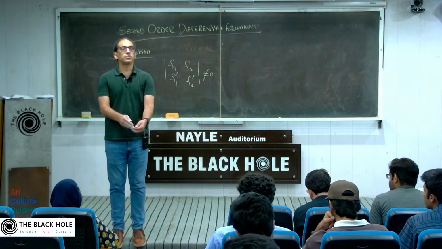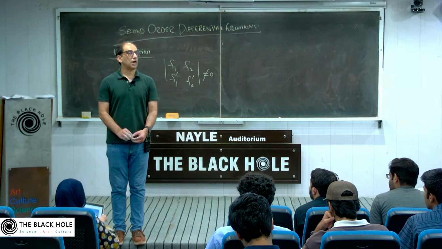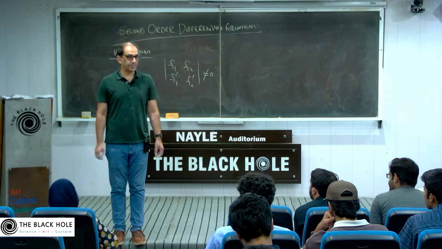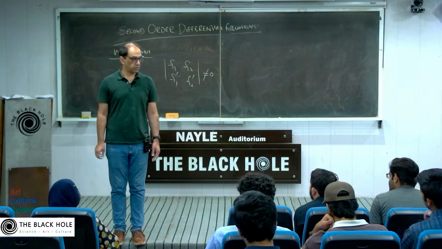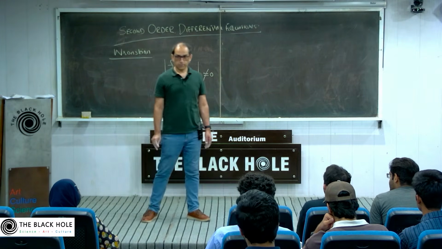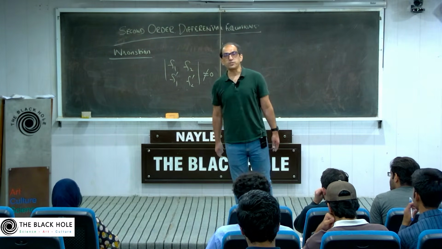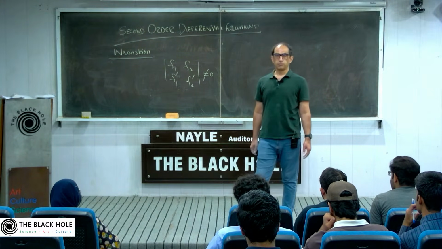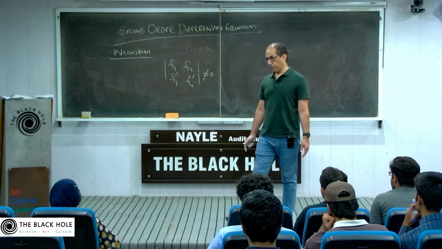If you get determinant 0, how do you prove, let's say in vector space, that these two are linearly dependent? Same columns. So geometrically, what does a 2 by 2 determinant mean? Area of a parallelogram, right?